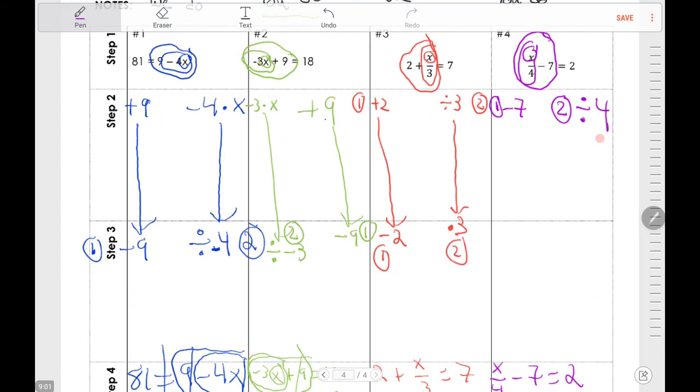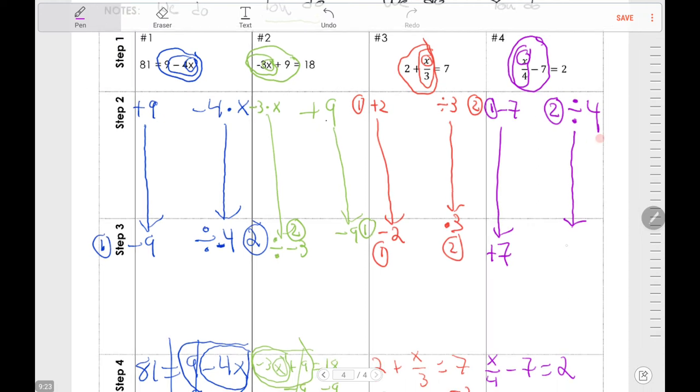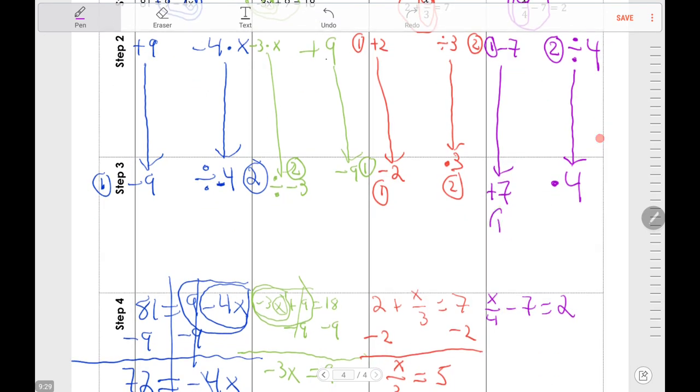So let's look at the inverses. Okay, we're going to go plus 7. Why don't you tell me the next inverse? What's the inverse going to be for dividing by 4? Multiplying by 4. Okay, that's the second thing. Let's keep a 1 there and a 2 there.